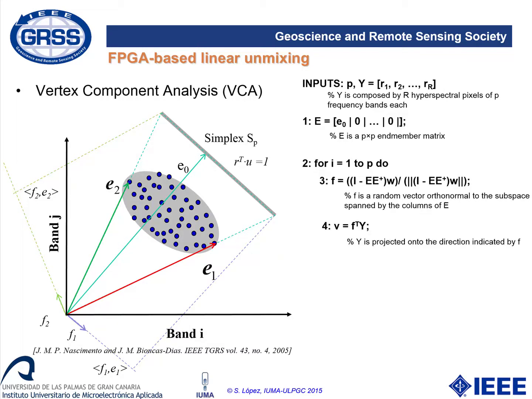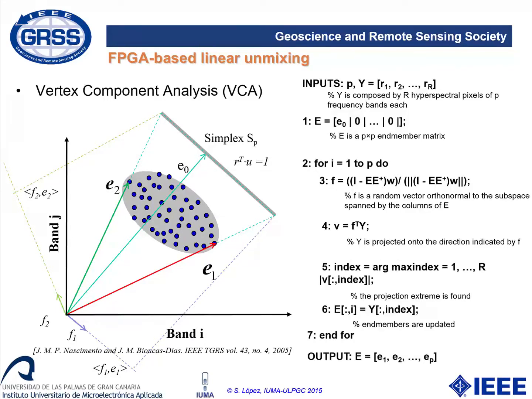So for this algorithm, as I said, we do for p times to get an orthonormal vector, which is orthogonal to all the members found so far, and then we project the whole hyperspectral image into the direction signaled by this vector, and we select the pixel of the image that has the maximum projection into this direction as the new end member.